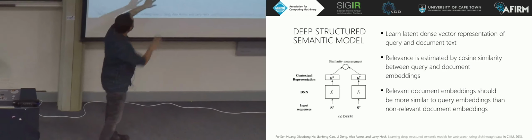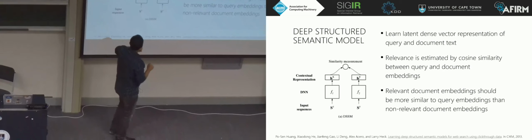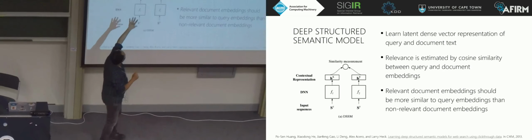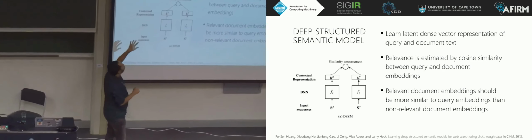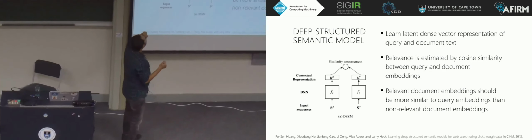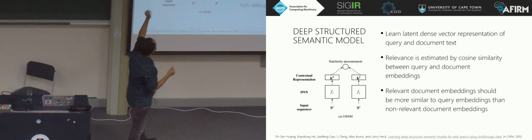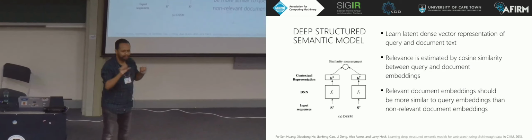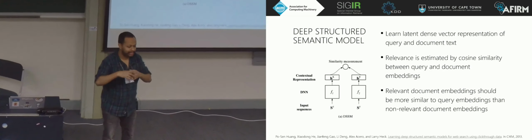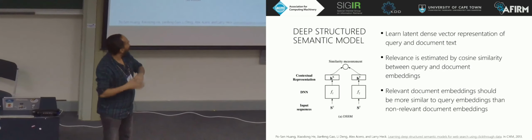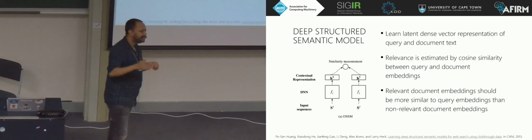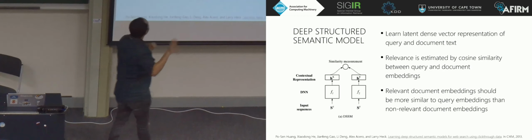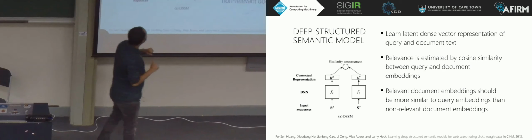For example, here's a very simple skeleton model, which corresponds to one of the earlier models that was quite effective and popular, called DSSM. Funnily enough, the expansion of the acronym DSSM has changed over multiple papers they've written, but that's fine. So we're just going to refer to this as DSSM.